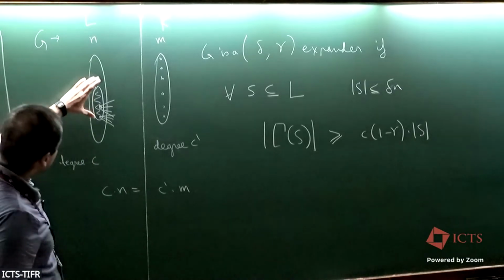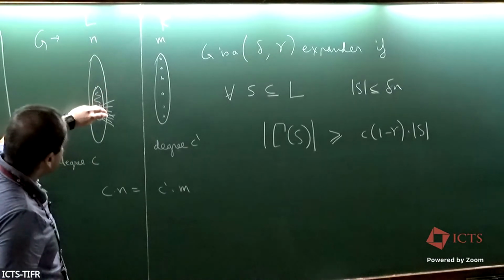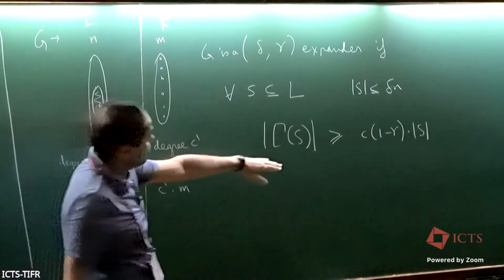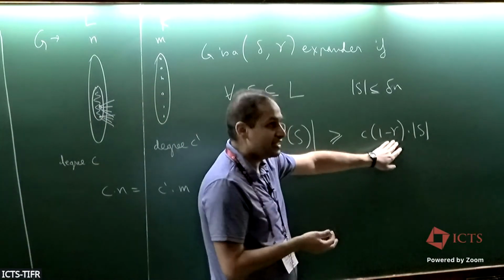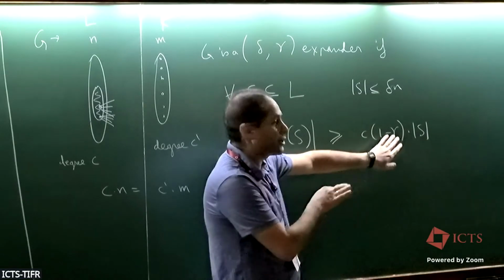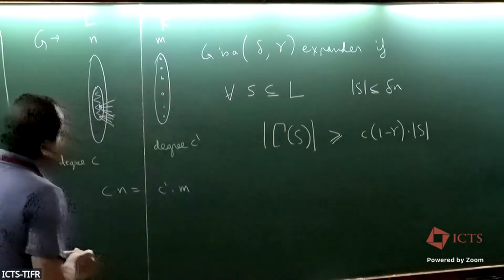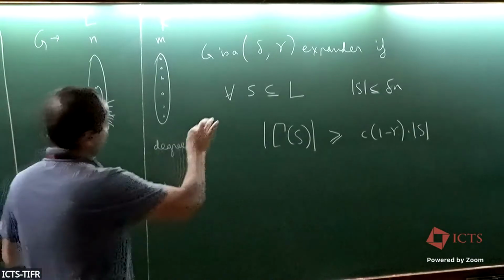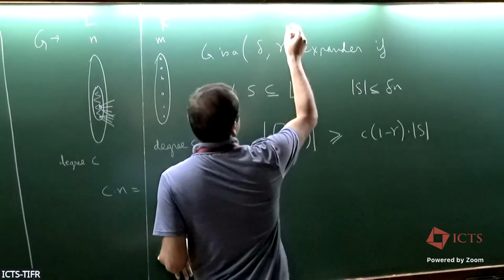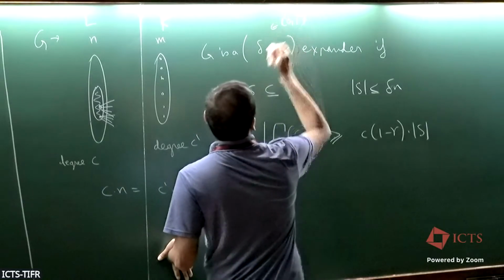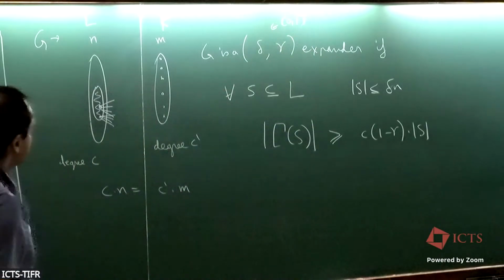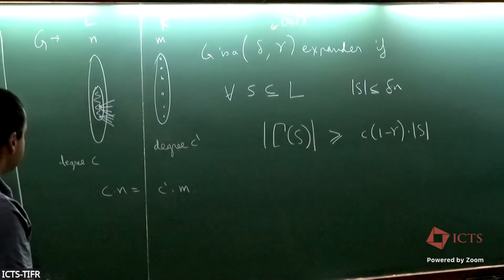Every small subset expands to almost as big as it could be. And we will set gamma to various things, but you can think of it as 0.1 for now. Delta and gamma are both in (0, 1). This is the definition of a (delta, gamma) expander.